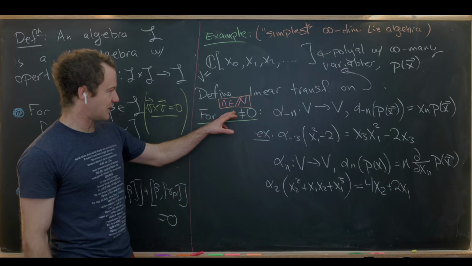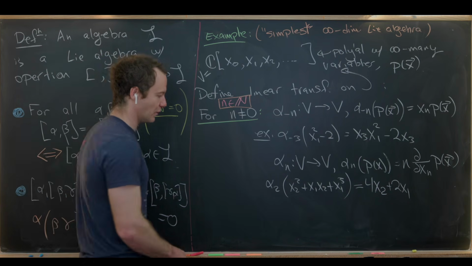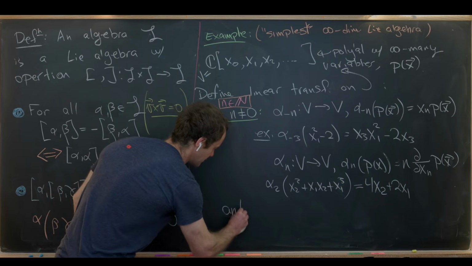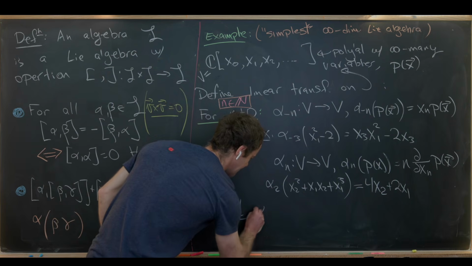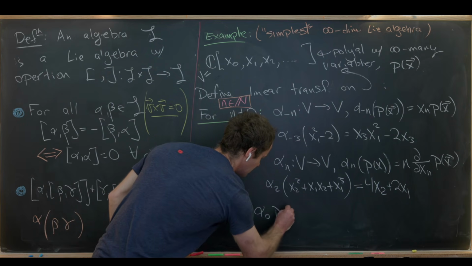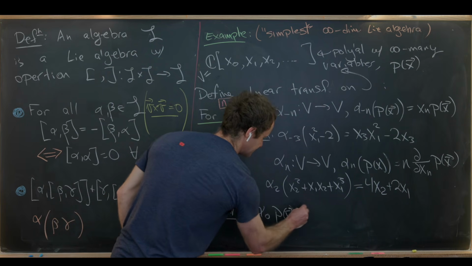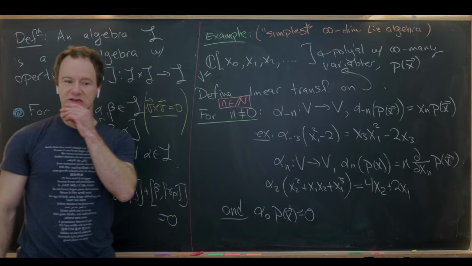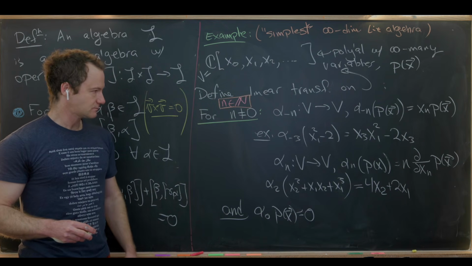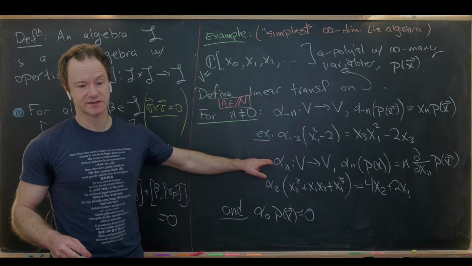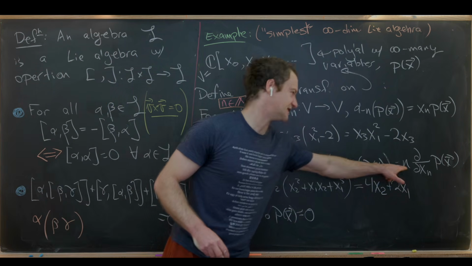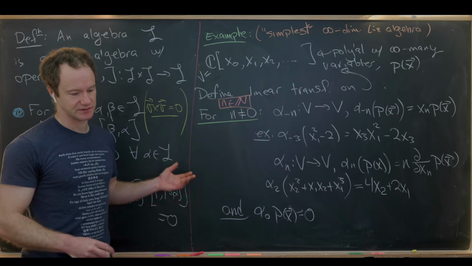Okay, that's for n not equal to 0, but what about for n equal to 0? Well, we'll do the most boring thing possible, and that is we'll say alpha 0 on p(x) is just 0. So it just kills it. I guess that could be written as one of these, because it would be 0 times the derivative, but that would just give you 0.